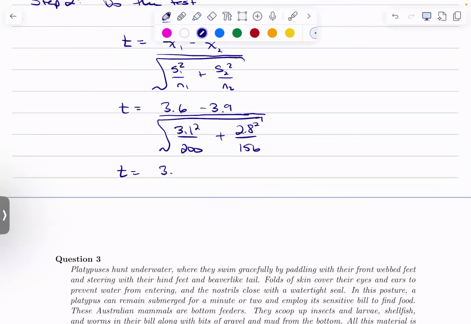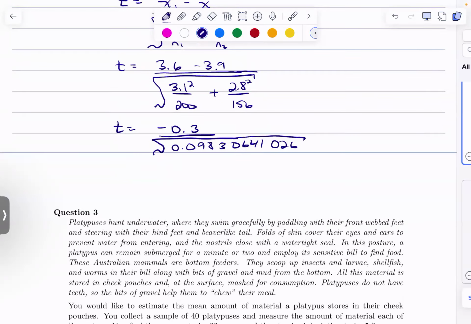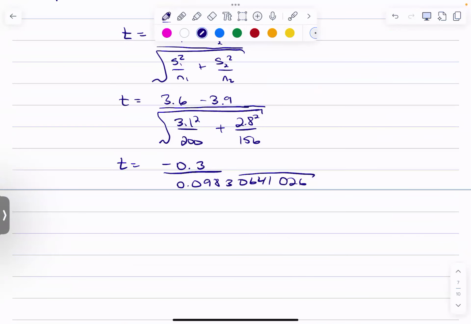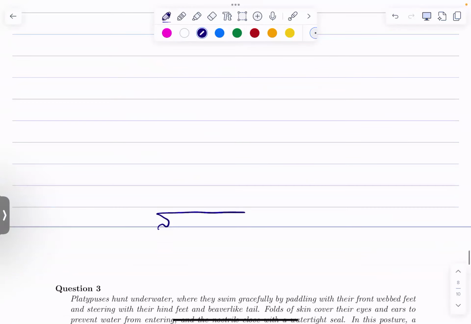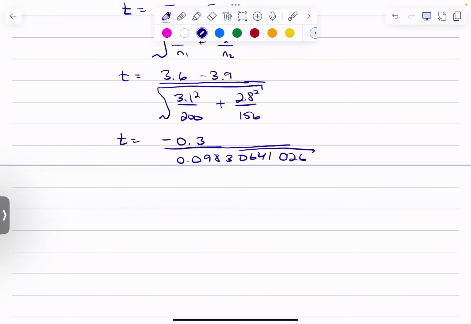I get 3.6 minus 3.9, which I guess is negative 0.3, divided by the square root of 0.09830641026. Everyone loves to forget that square root though, so that's why I'm, hey, where did that go? Oh, down here. You gotta clean that up there.